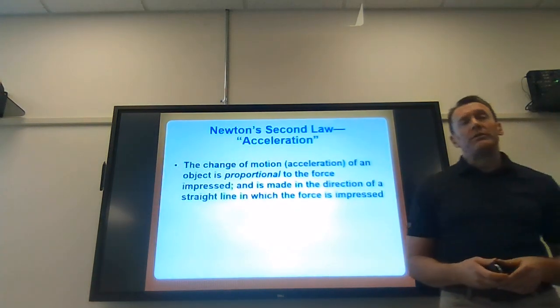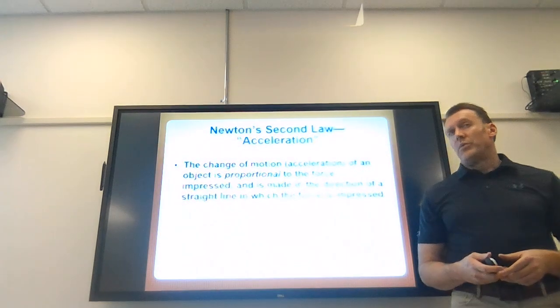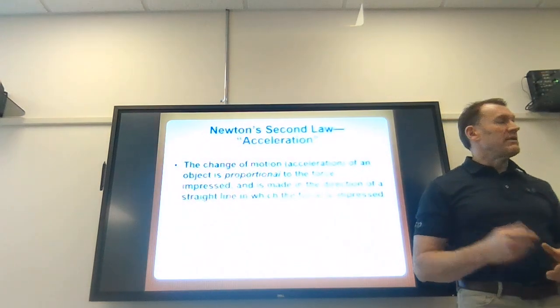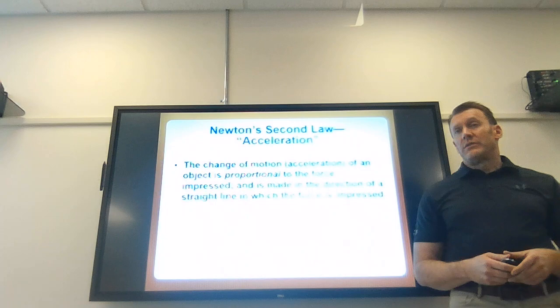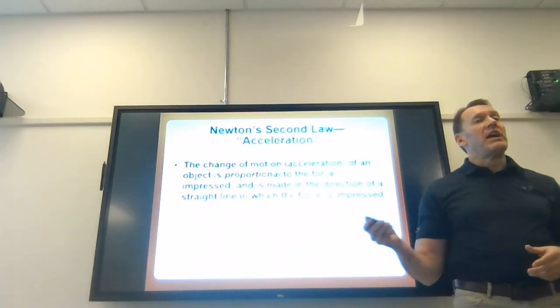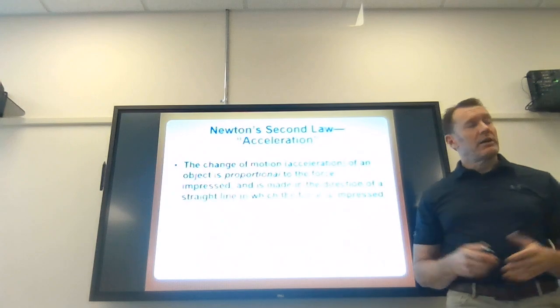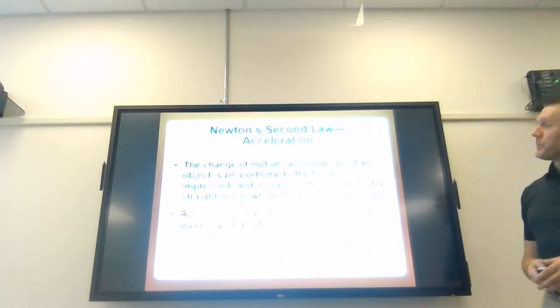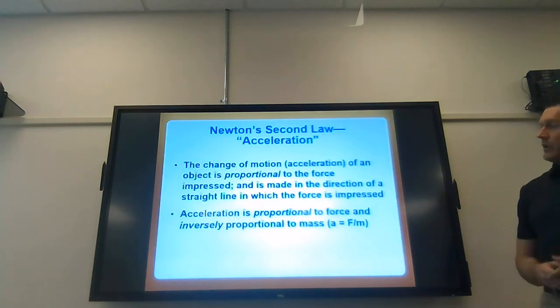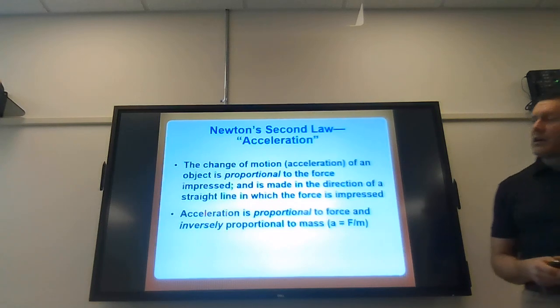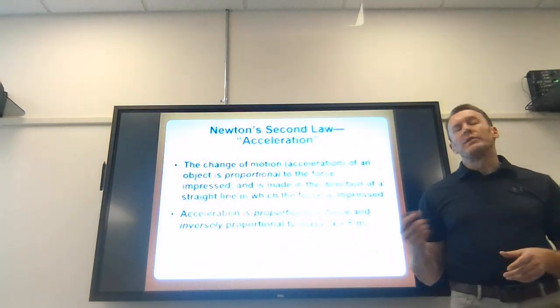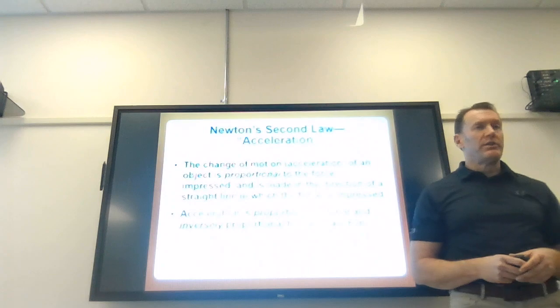Acceleration is proportional to the force impressed on a constant mass. So the greater the amount of force, the greater the change in the state of a body or object. We can write this equation several ways. The first of this chapter, we said force is equal to mass times acceleration.